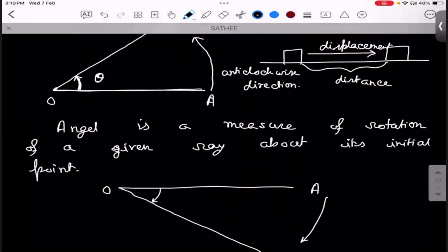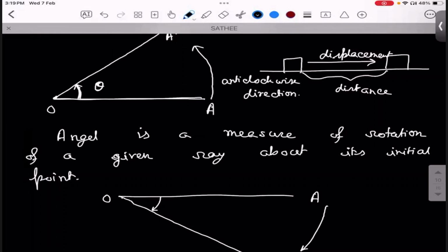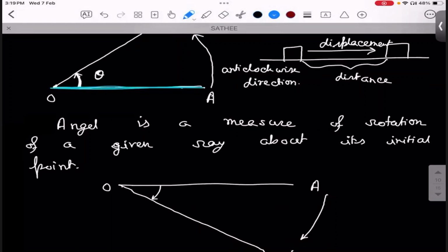Now if you compare these two figures, you can clearly see that I am measuring the rotation of the ray from the initial position. In the previous case, the initial position was this blue line, and in the later case, the initial position was again this blue line.